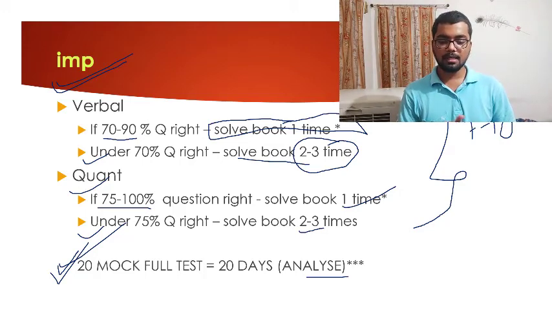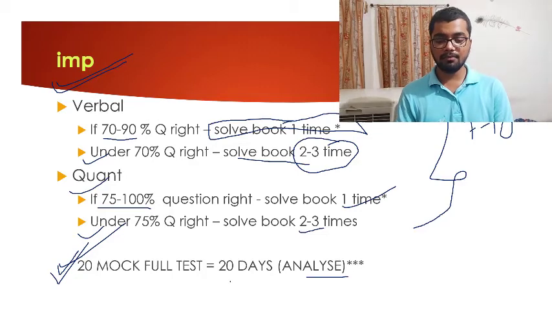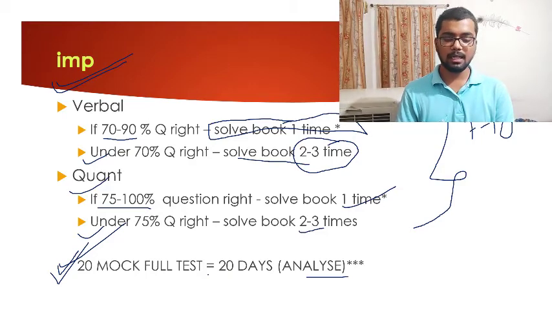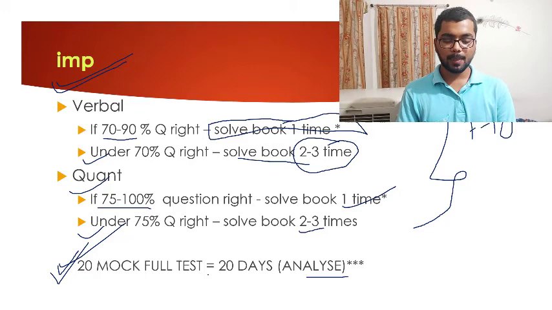Then I started scoring 306, 307, 308 in the 4 hours I gave. Then I started managing my time, and in the time frame I was able to score 315, 318 and so on. So it is very important to give 20 mock tests in 20 days, right?